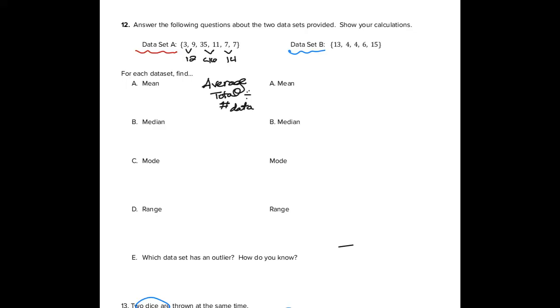So this looks like we have a total of 72. Okay, 72, and I have 1, 2, 3, 4, 5, 6. So 72 divided by 6. Oh, I don't have my handy dandy calculator. I probably should know that. 72 divided by 6 is 12. So 72 divided by 6 is a mean of 12. Okay? All right. I'm going to get rid of this because I'm going to need these.